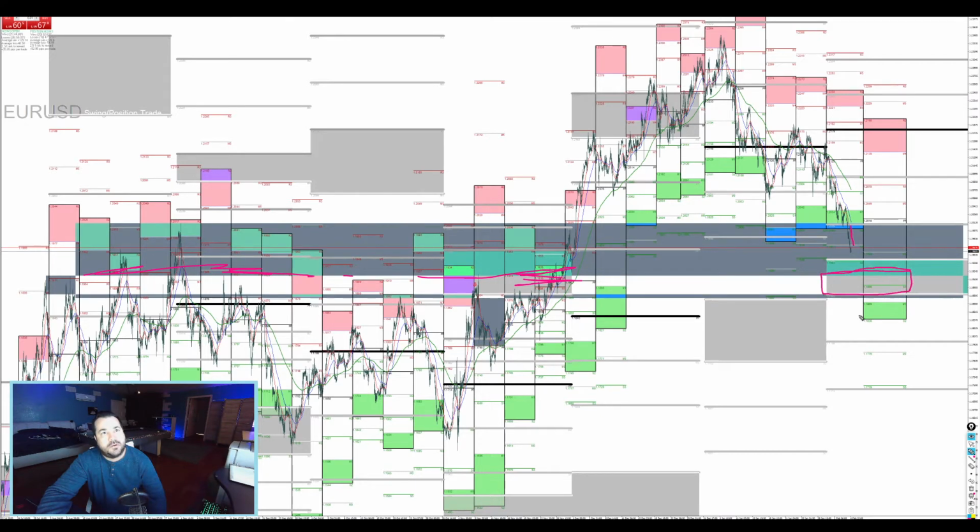What can happen, and I do expect this, is that we're going to get some up from the NFP tomorrow, and then this is going to be probably our central pivot, or the M3 right in here, and that's going to drag this guy up to right in here.